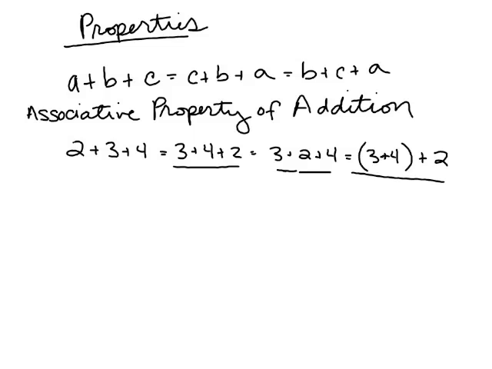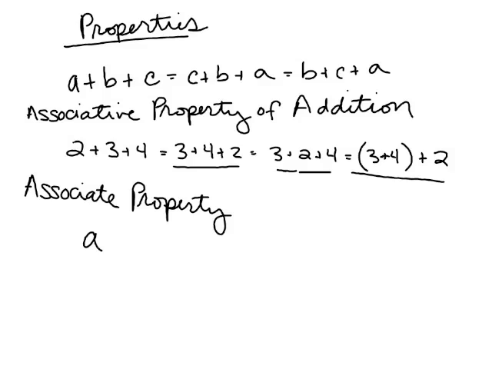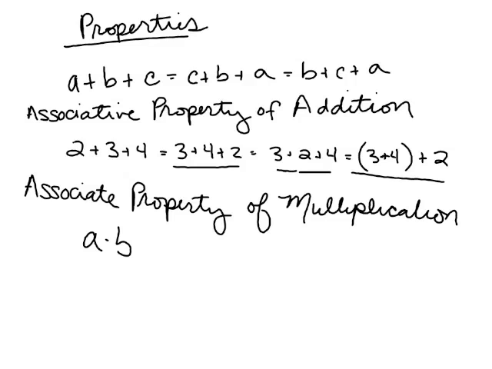Okay, multiplication. We also have an associative property of multiplication. So if I have A times B, are there other ways that I can write that to mean the same thing? B times A, okay, so I can rearrange. That's what associative means.